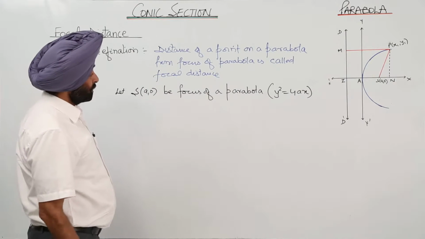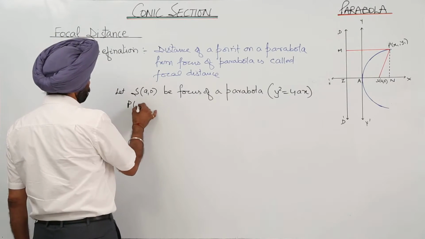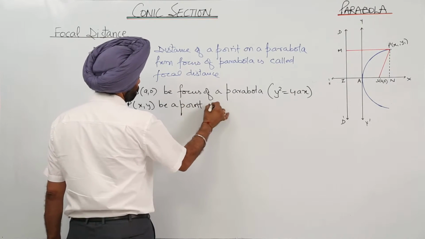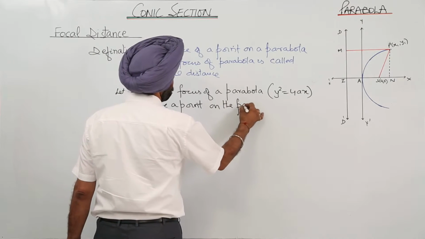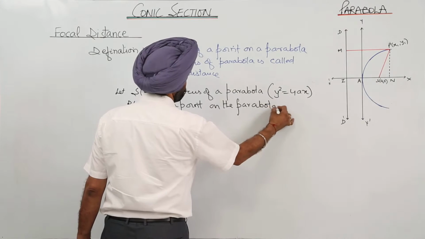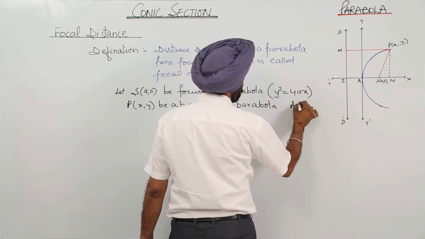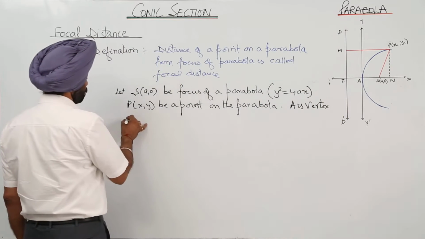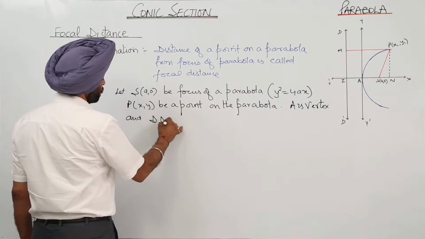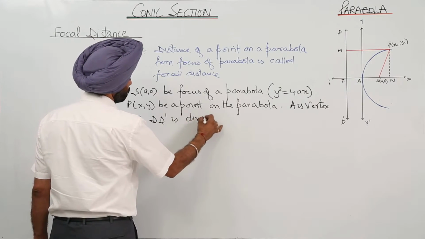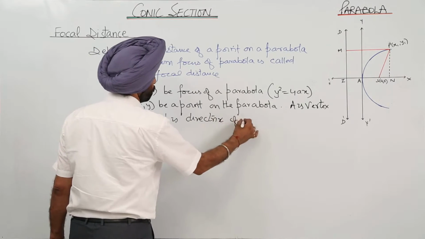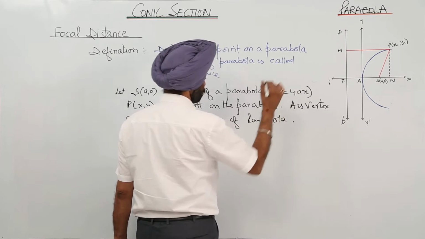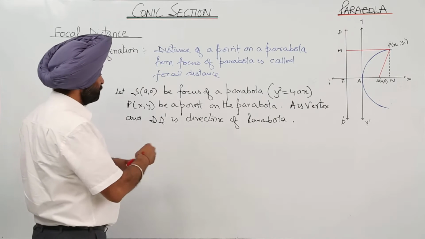Let S(a, 0) be the focus of the parabola, P(x1, y1) be a point on the parabola, A is the vertex, and D dash is the directrix of the parabola. Is it clear?